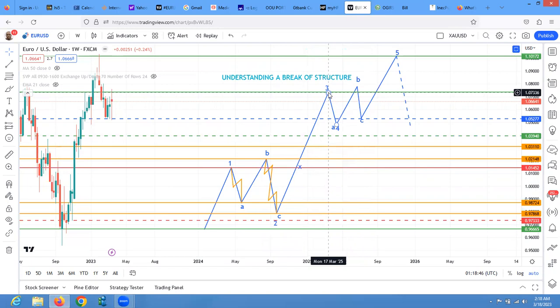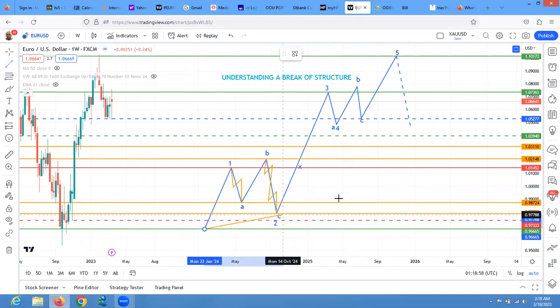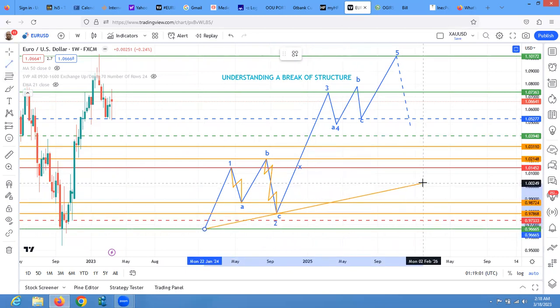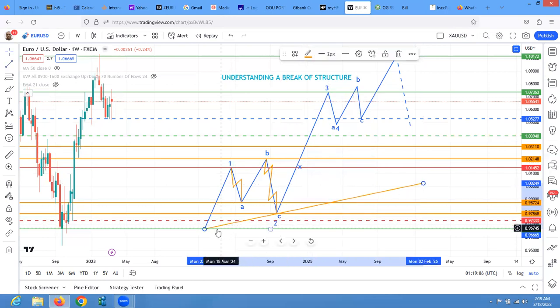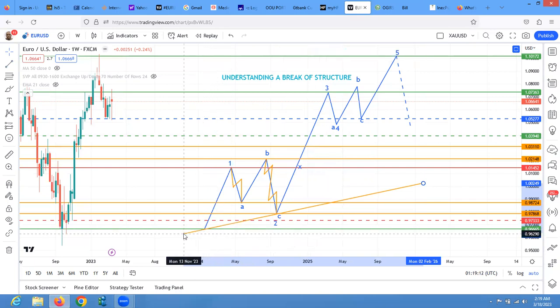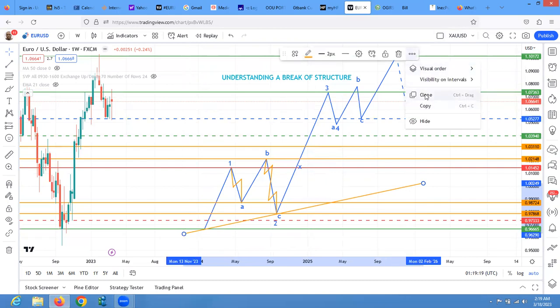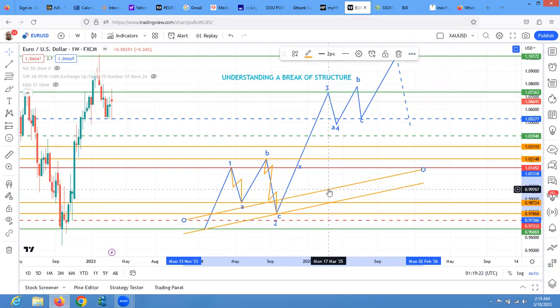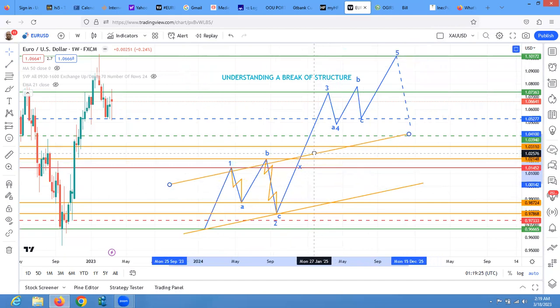Once we are done with wave 3, because wave 3 is going to break the structure, another thing you can do to know that wave 3 is actually going to break structure is this: in case you want to trade consolidation and you're not sure if it's consolidation or not, these are the simple things you are told to do. You lay it across here.